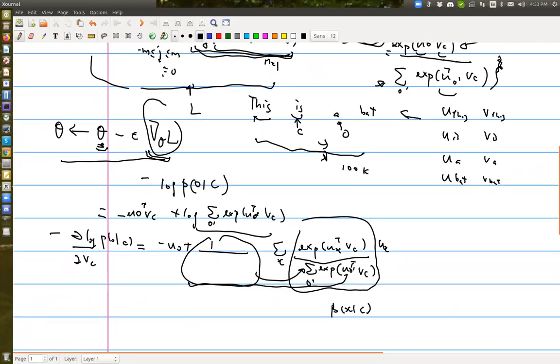Therefore, this expression is actually minus U_O plus the sum over x of P(x given C) times U_x.